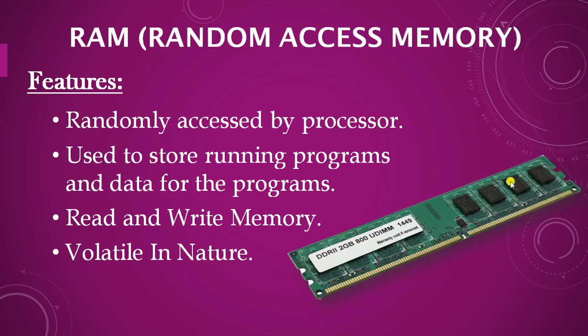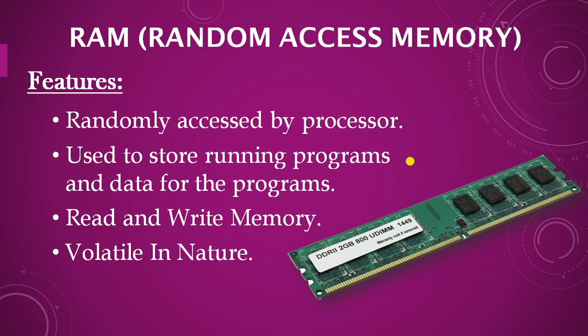Now, RAM, as you can see in this picture, stays in the motherboard of the system unit. अगर आप सिस्टम यूनिट जो आप सीपीयू बोलते हो, सीपीयू नहीं होता है, वो सिस्टम यूनिट होता है. If you open that, you will see this kind of devices plugged into it. This is randomly accessed by the processor. That's why its name is RAM, random access memory. It stores the data of the running programs, and it is a read and write memory. It's just like a notebook.